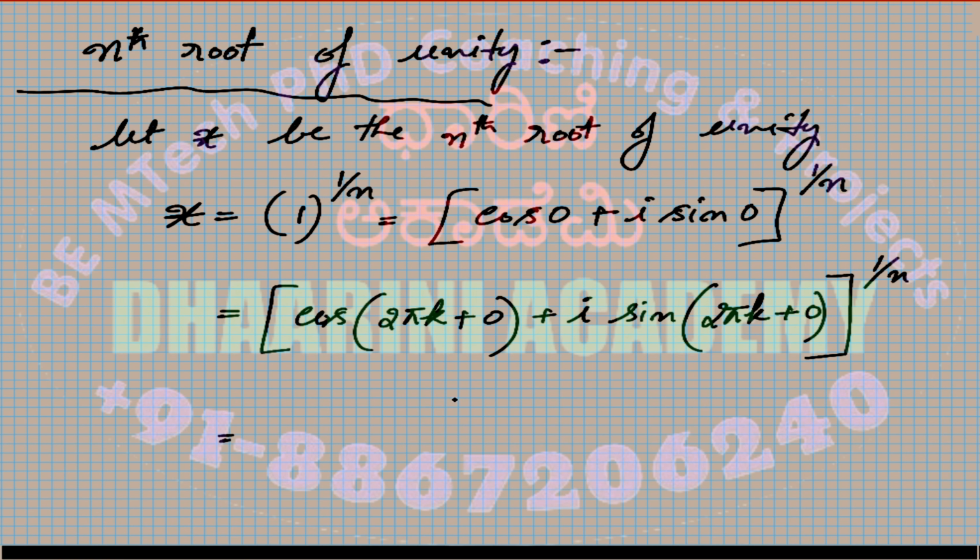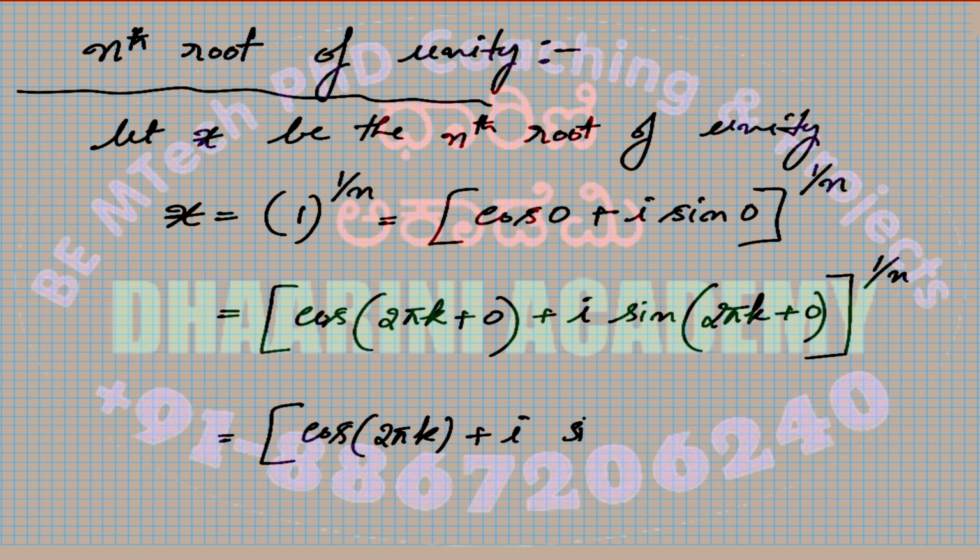So I can simply write this as cos 2 pi k plus i sine 2 pi k, whole raised to the power 1 by n. It is going to be the same answer.